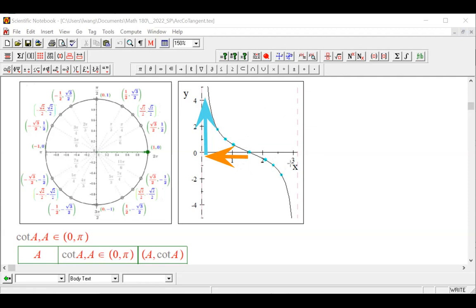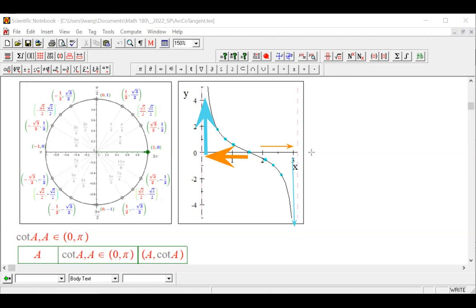And the other point is pi. When the angle approaches pi from smaller than pi, the output, the ratio, approaches negative infinity.